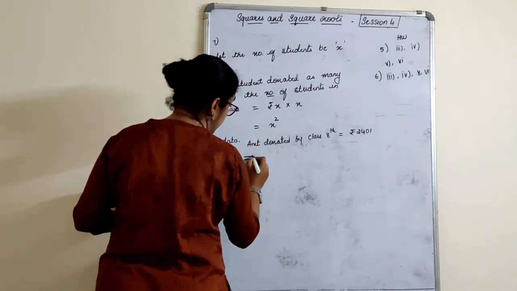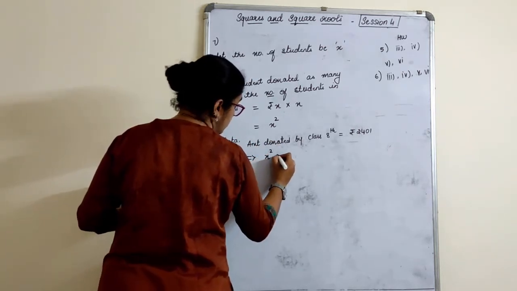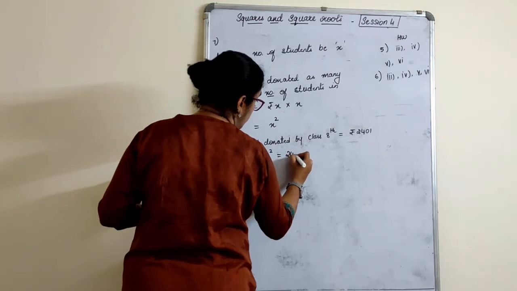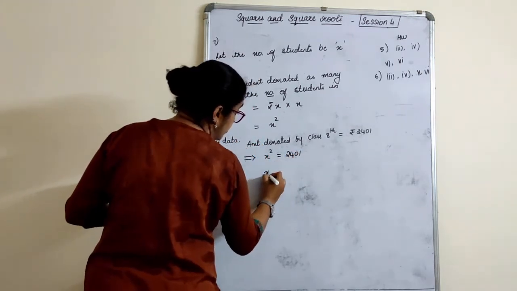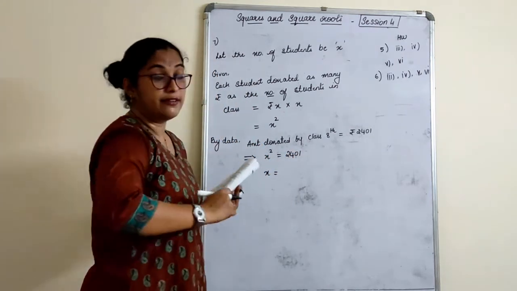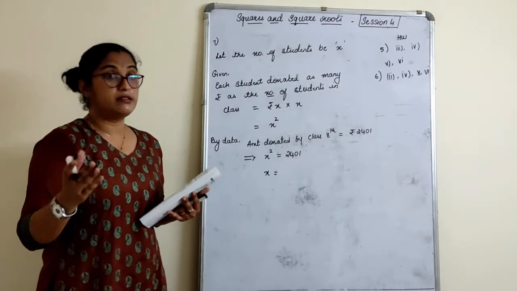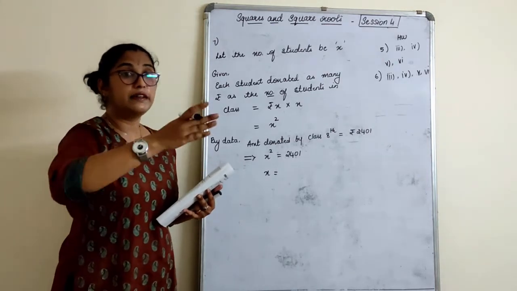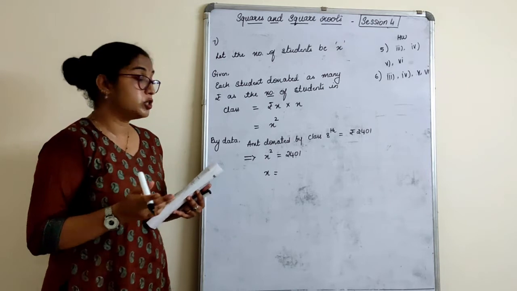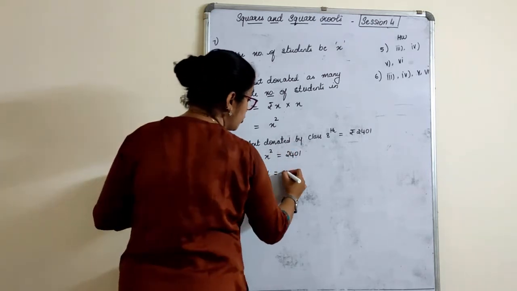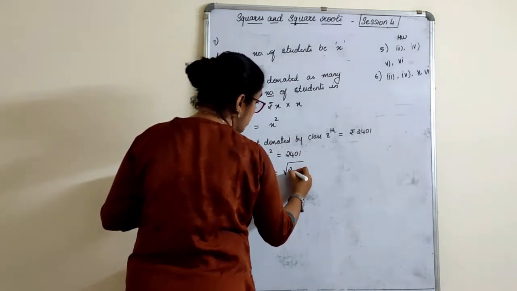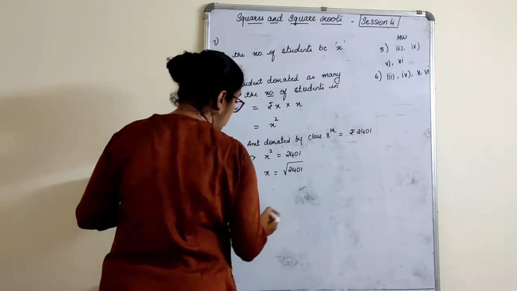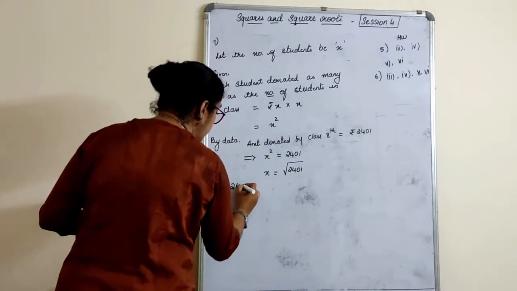So this implies x squared is equal to 2401. So transpose, children: plus transposes to minus, minus transposes to plus, division to multiplication and multiplication to division. A square when we transpose becomes a square root. So how do we do this? Let us factorize this.